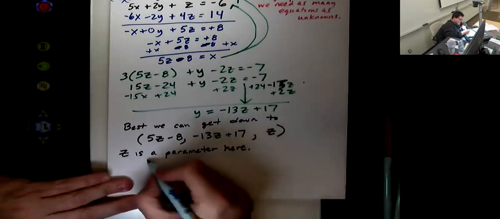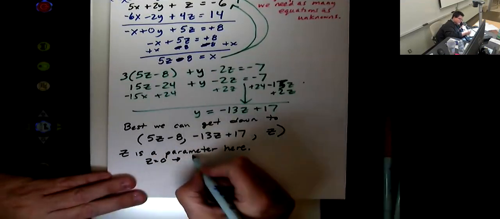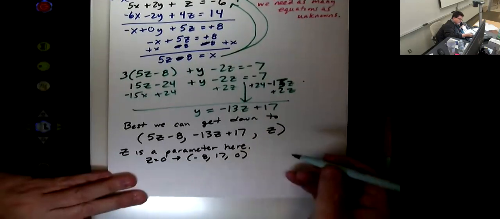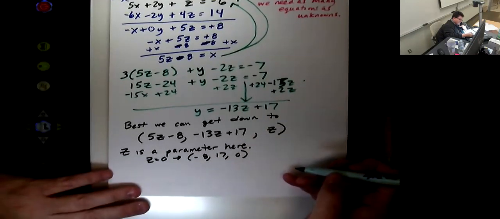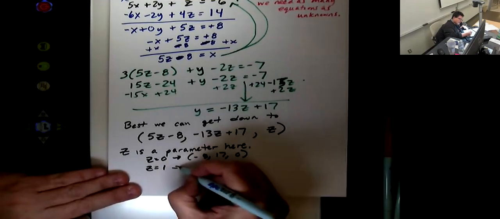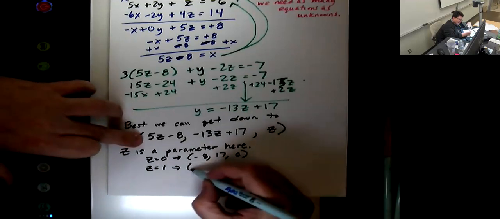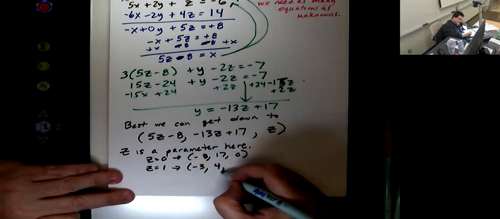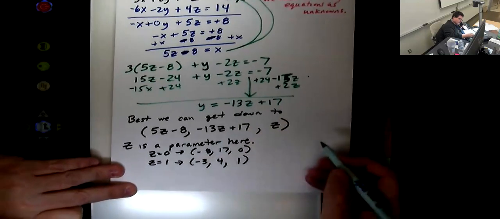So when z equals 0, this is -8, 17 and 0. If z equals 1, I have 5 minus 8 is -3, -13 plus 17 is 4, and 1.